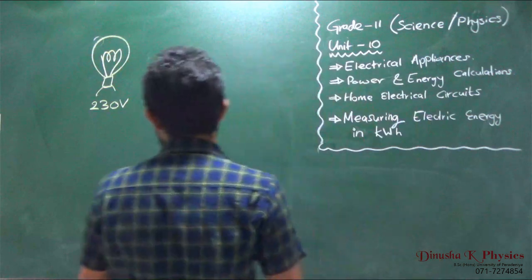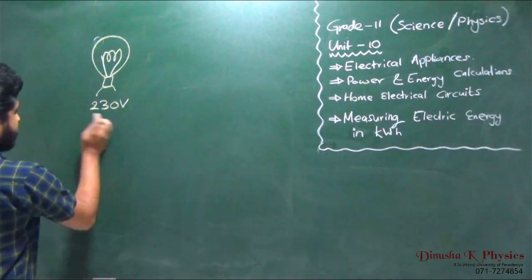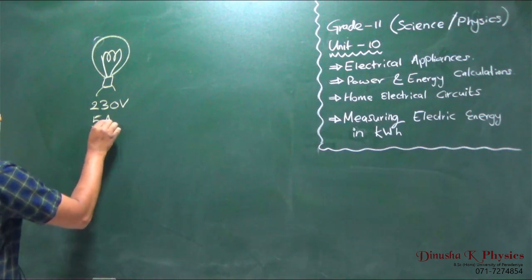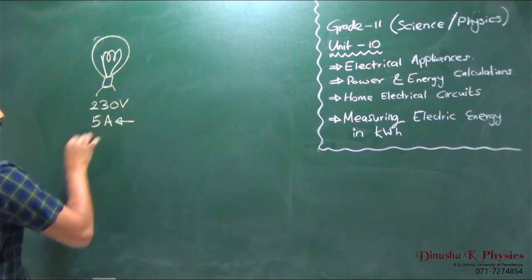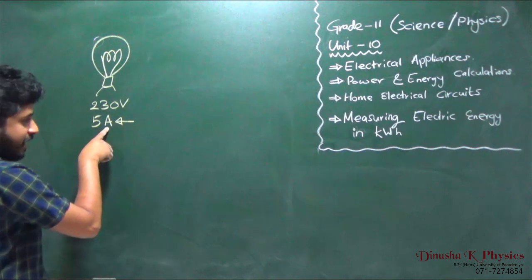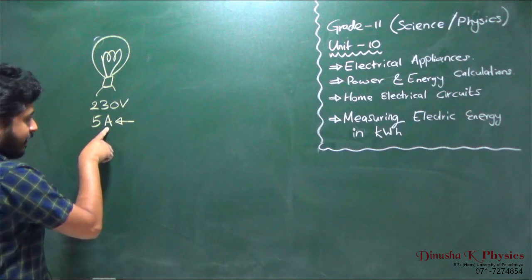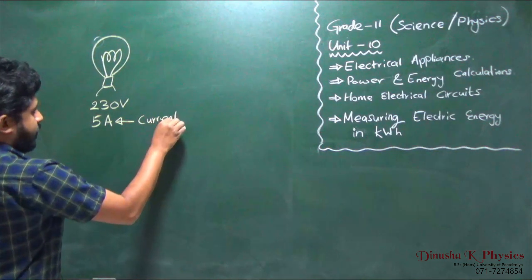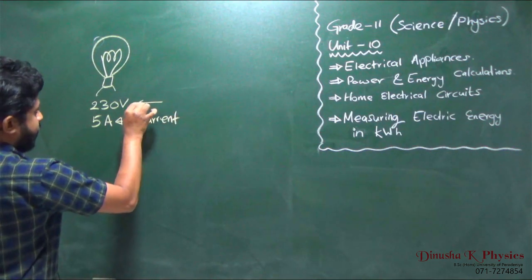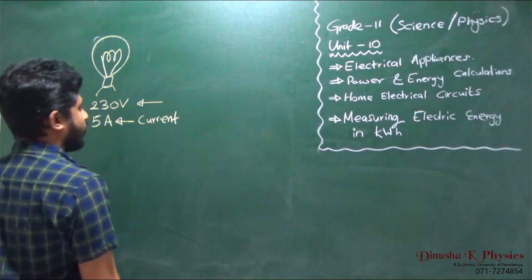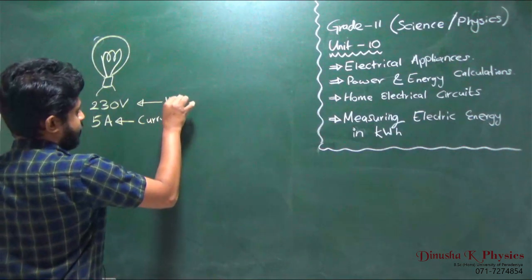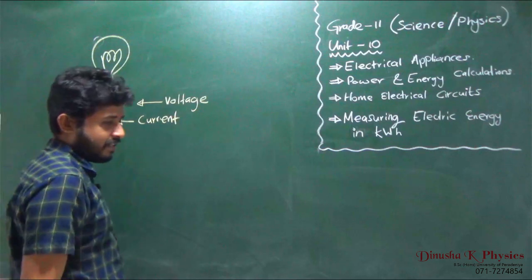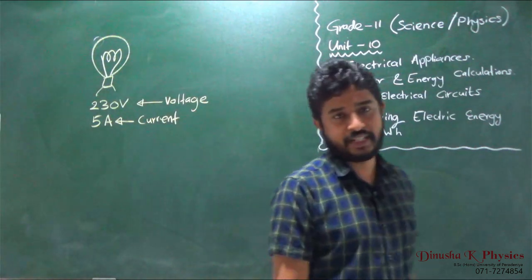And let's say it is consuming 5 amperes of current. Current එක 5 amperes. You know that current is measured in amperes, right? Current is measured in amperes, capital A. Voltage difference is measured in volts, right? So remember, this is not a voltage, this is a voltage difference. මම අර කලින් කිව්වා වගේ voltage difference එක.